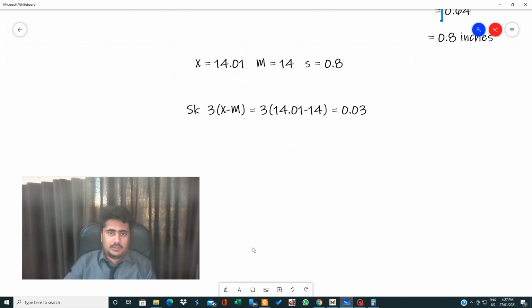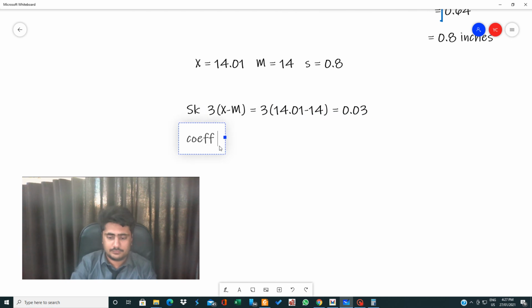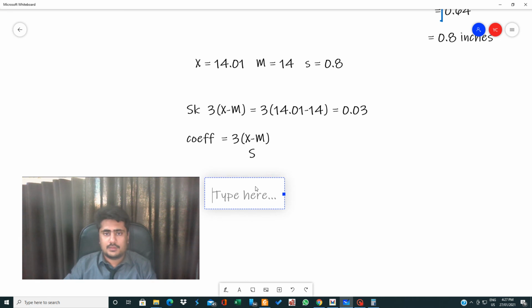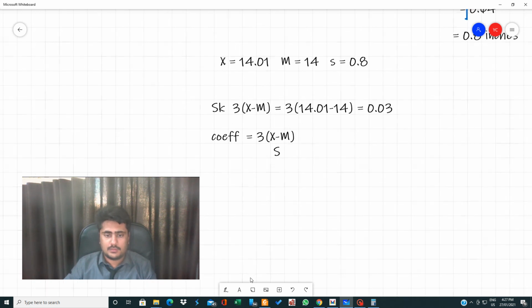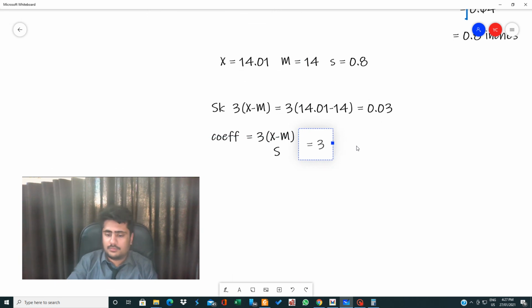And coefficient of skewness is 3 into mean minus median upon standard deviation. So this is, or you can say directly, take it as 0.03 upon 0.8.